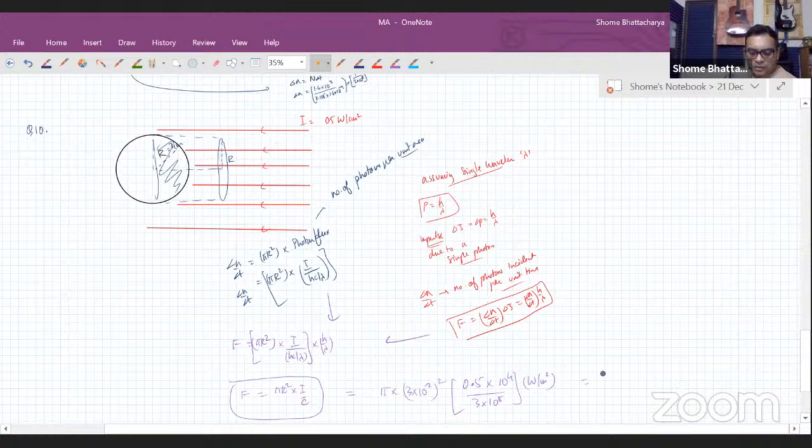Okay, so let's see, this is pi into 9 to 0.5 by 3 into 10 raised power minus 4 plus 4 minus 8. So this should be the force in newtons.